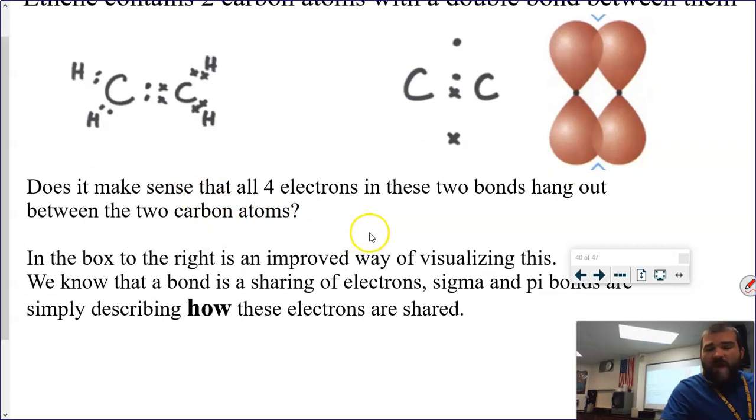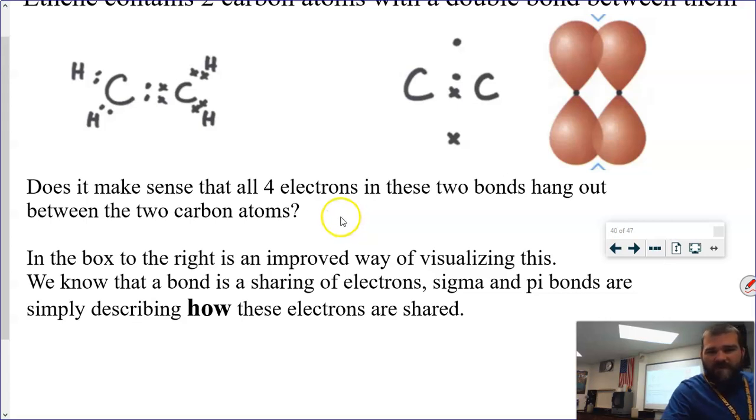So what actually happens, and again, we'll get into the end takeaway a little later, is that these 4 electrons probably aren't all going to be occupying the same space between the 2 nuclei. That's going to be too much repulsion. What actually happens is more like this, okay?